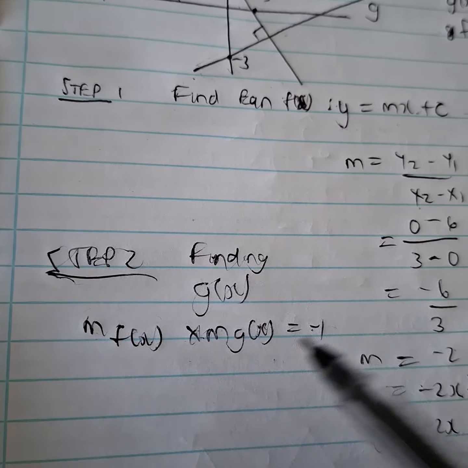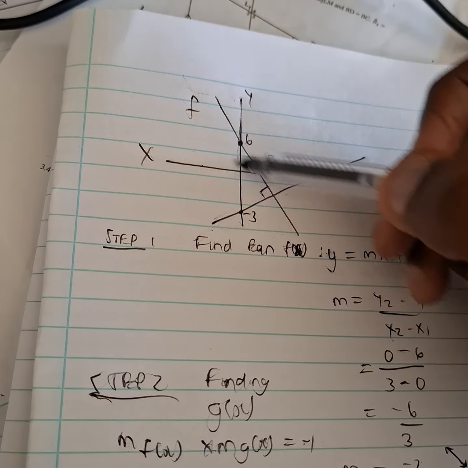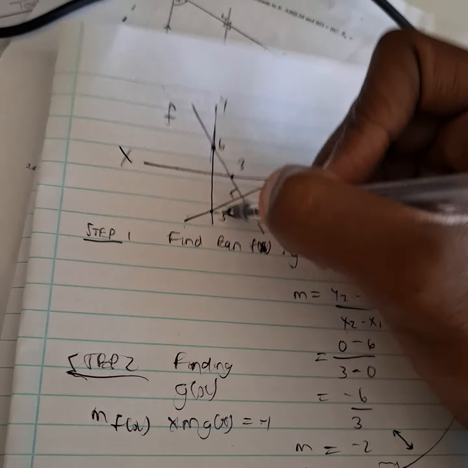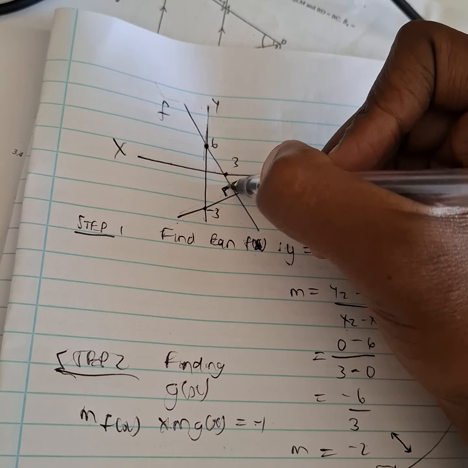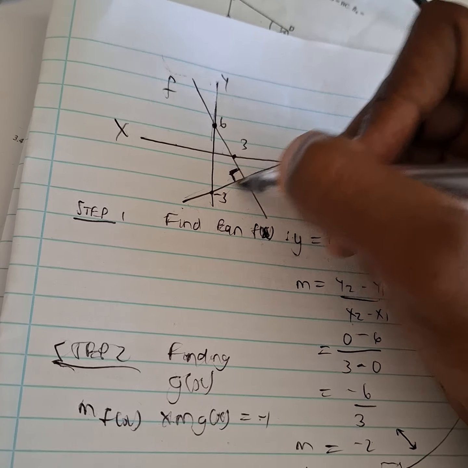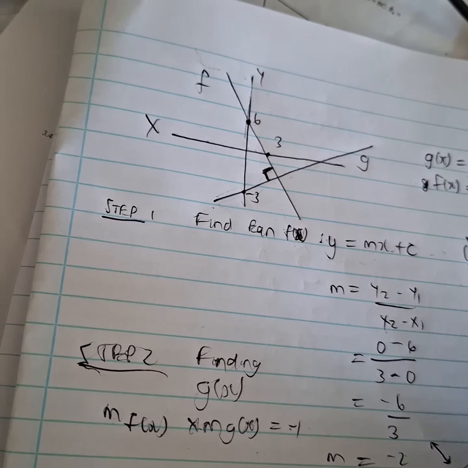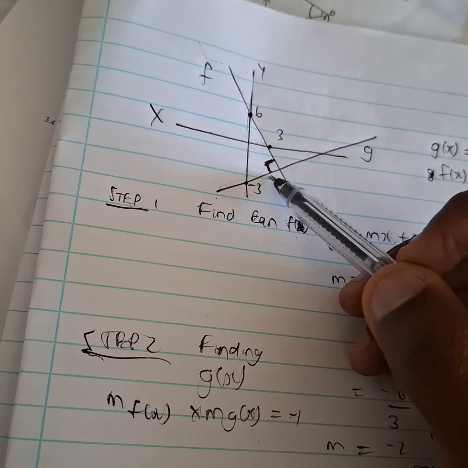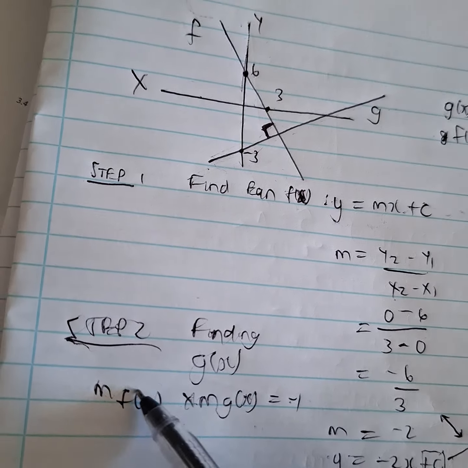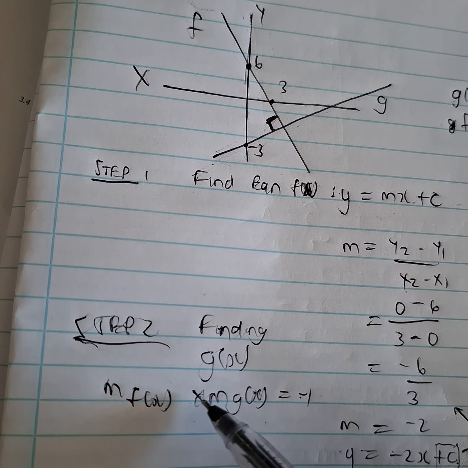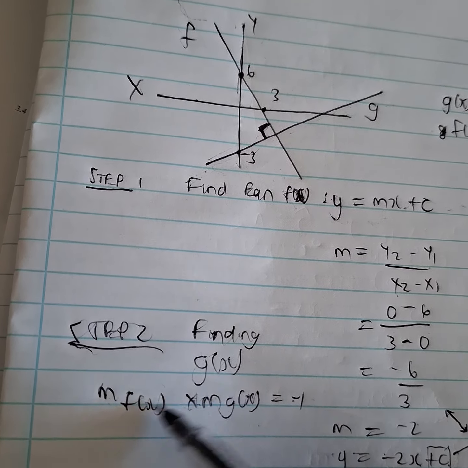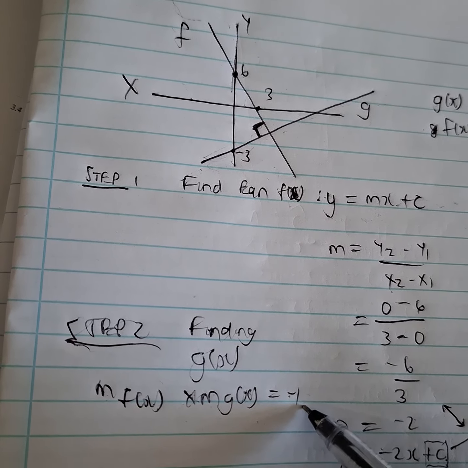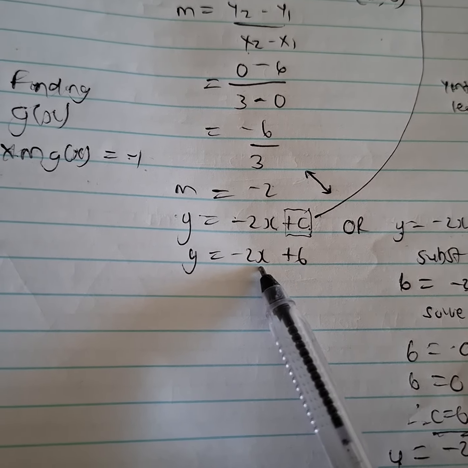This is a rule that applies whenever two lines are perpendicular, or in other words, they intersect at 90 degrees. If they intersect at 90 degrees, we say they are perpendicular. Therefore, the product, meaning the multiplication of the gradients of the two lines, should give us negative 1.